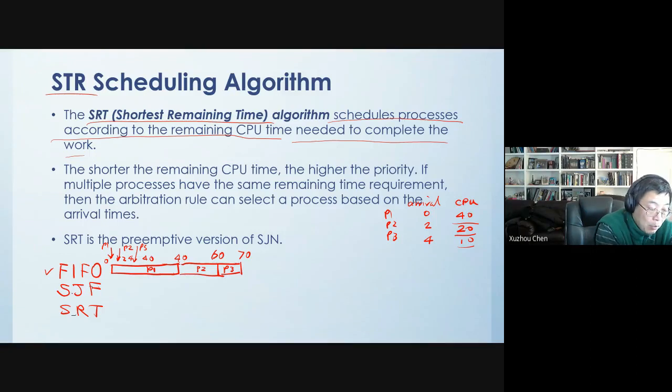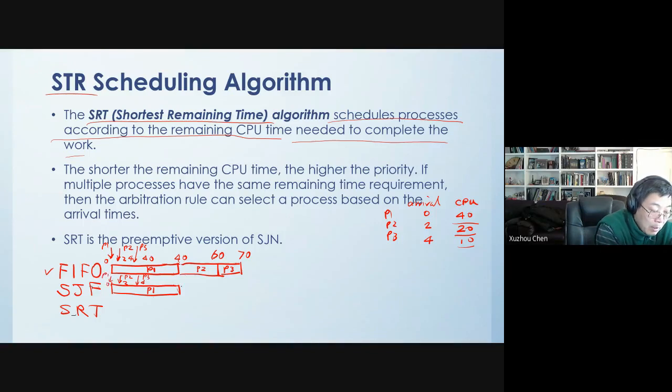Now the second approach is called shortest job first. When process 1 arrives at time 0, it is the only process in the ready queue, so process 1 takes the CPU. Now when process 2 arrives at time 2, and process 3 arrives at time 4, they cannot start because process 1 is in the CPU.